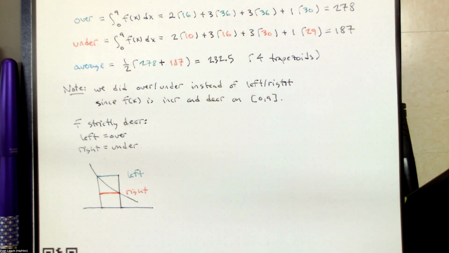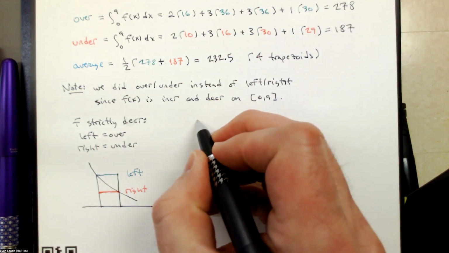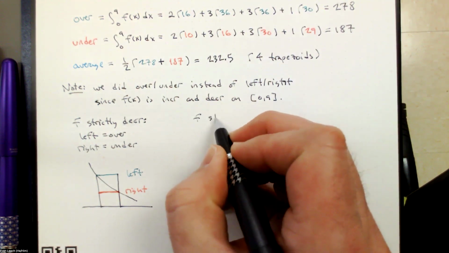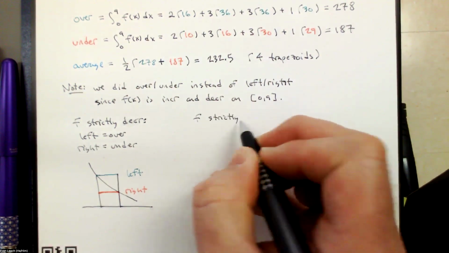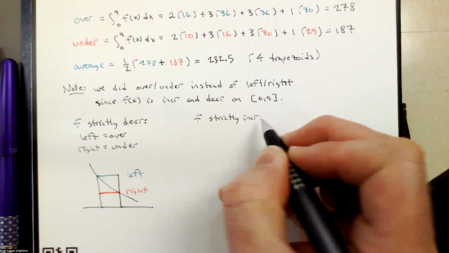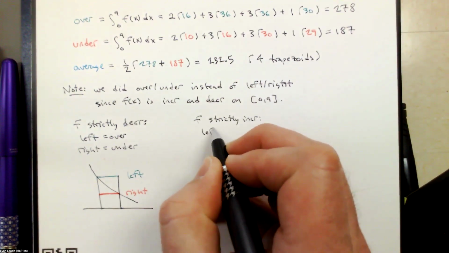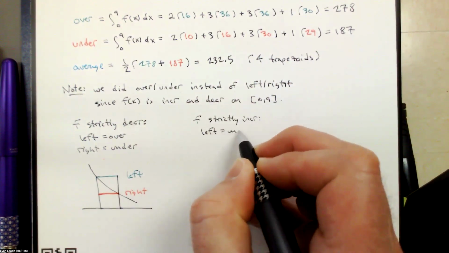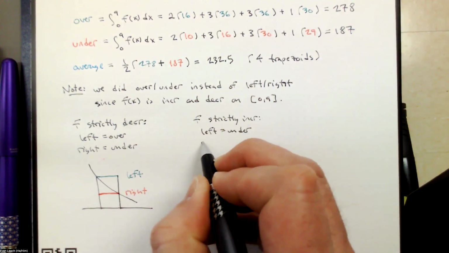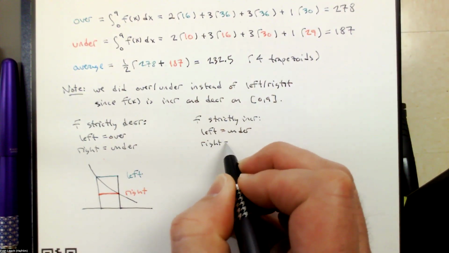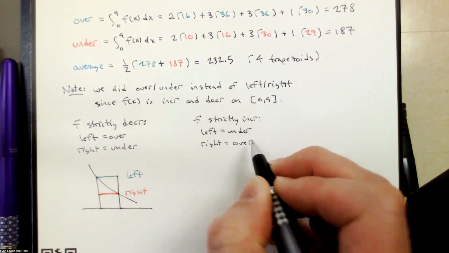If I make this go the other direction, then just reverse it, multiply by -1. If f is strictly increasing, then the left will be an underestimate and the right will be an overestimate.